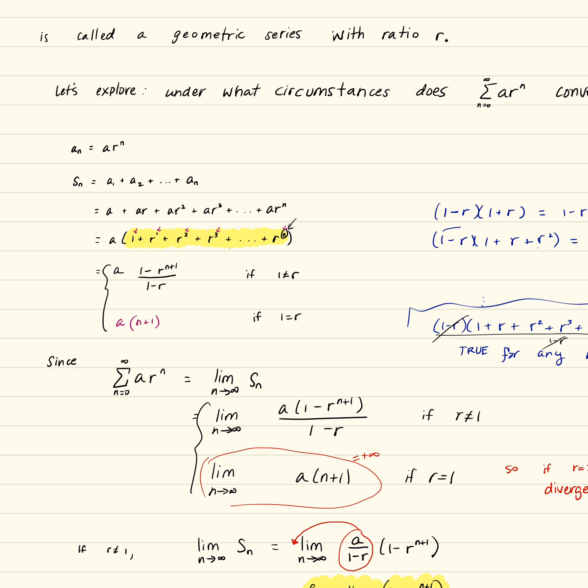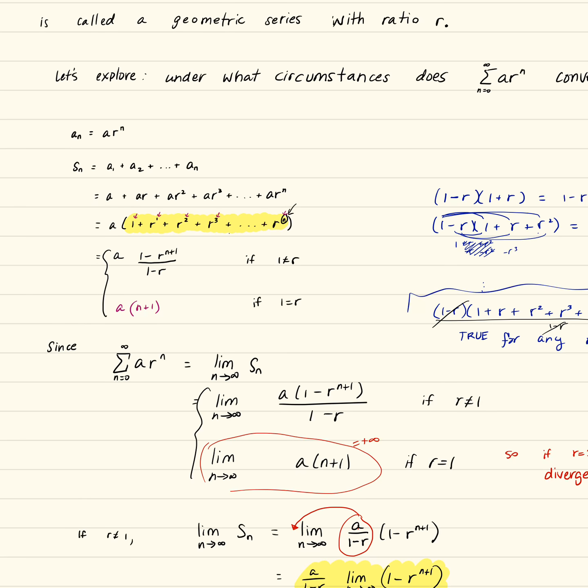How do we get that? 1 times 1 is 1. 1 times r is r. 1 times r squared is r squared. Minus r times 1 is minus r, minus r squared, minus r cubed, right? So the inner terms will cancel out and we're just left with 1 minus r cubed.